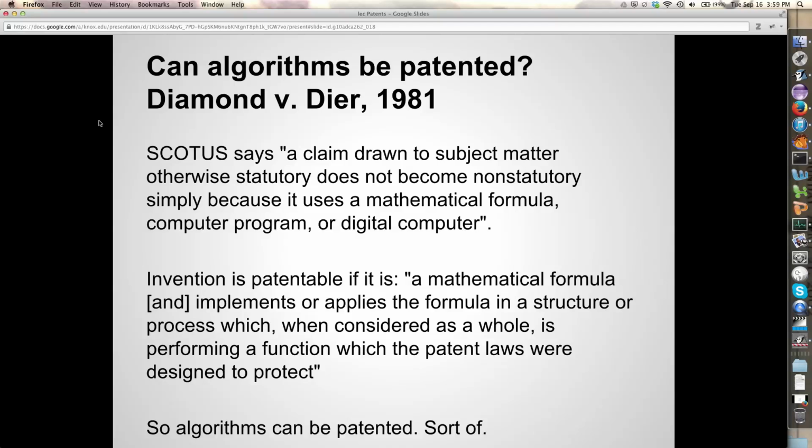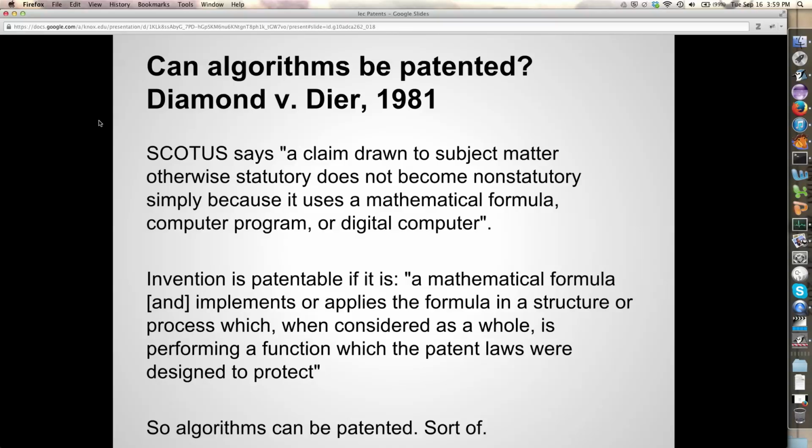They want to make it clear, and they did in that 1972 case, that you can't have a patent that is in essence a patent on the algorithm itself, but they don't want to go so far as to say that any code or any program or really any software can't be patented.